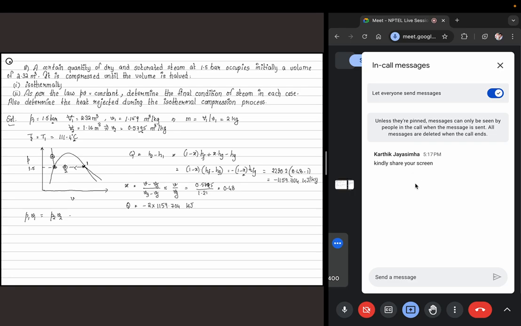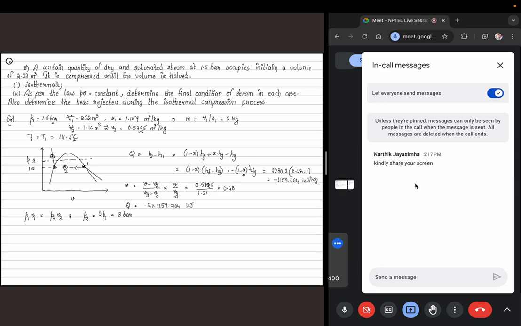The volume is halved, which means pressure should be double. So now you ended up at a different state, which is 3 bar pressure instead of 1.5 bar. At 3 bar pressure with a specific volume of 0.5795.